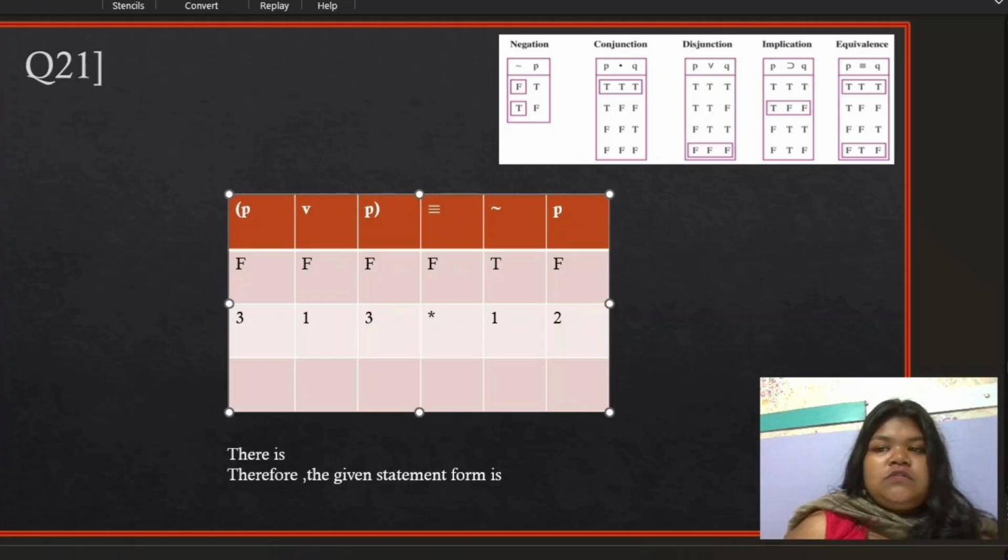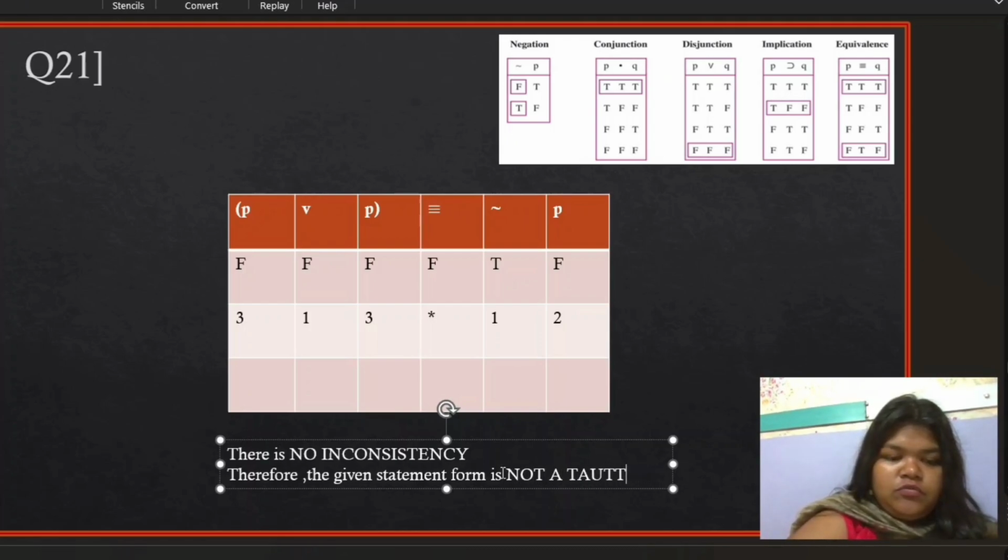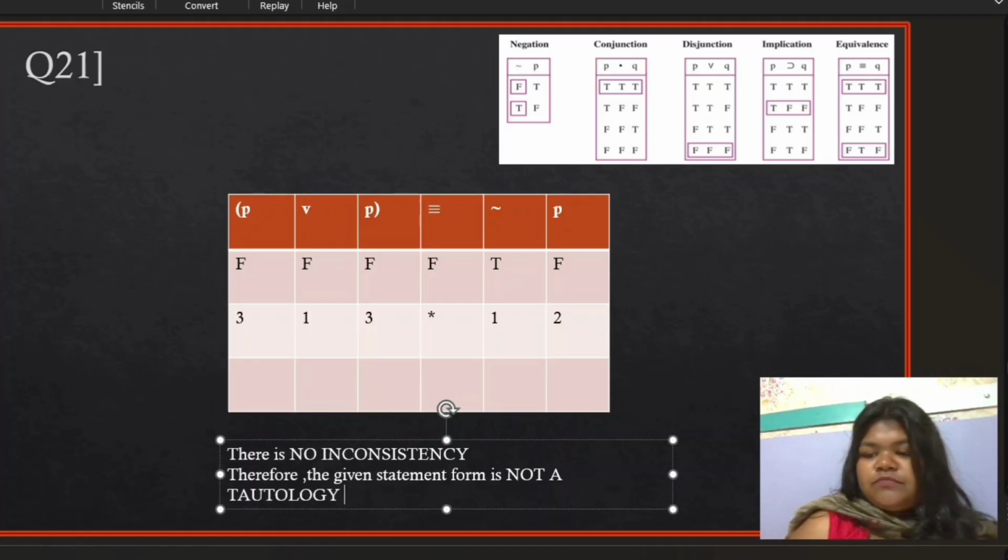There is no inconsistency, it is not a tautology. Easy.